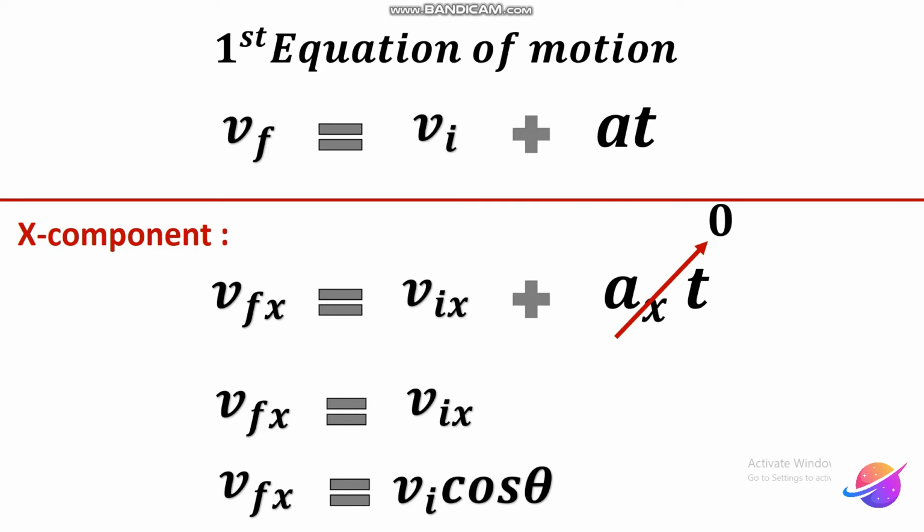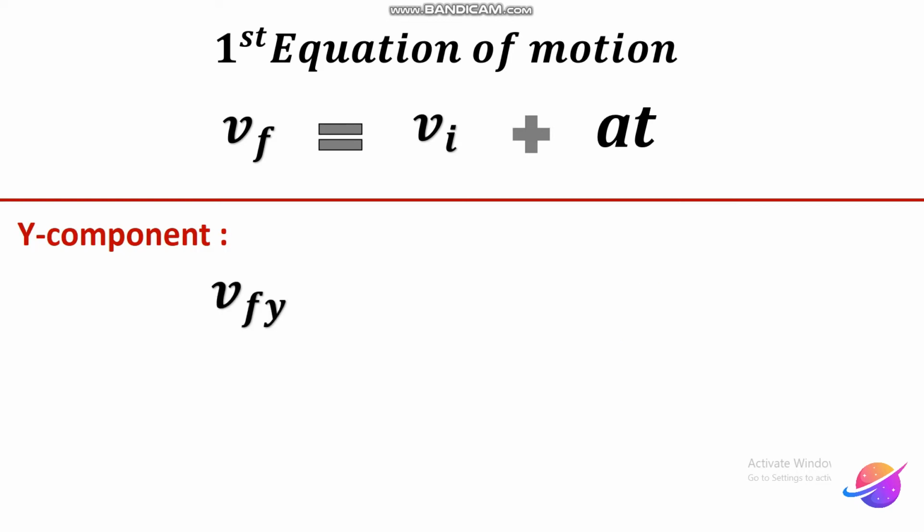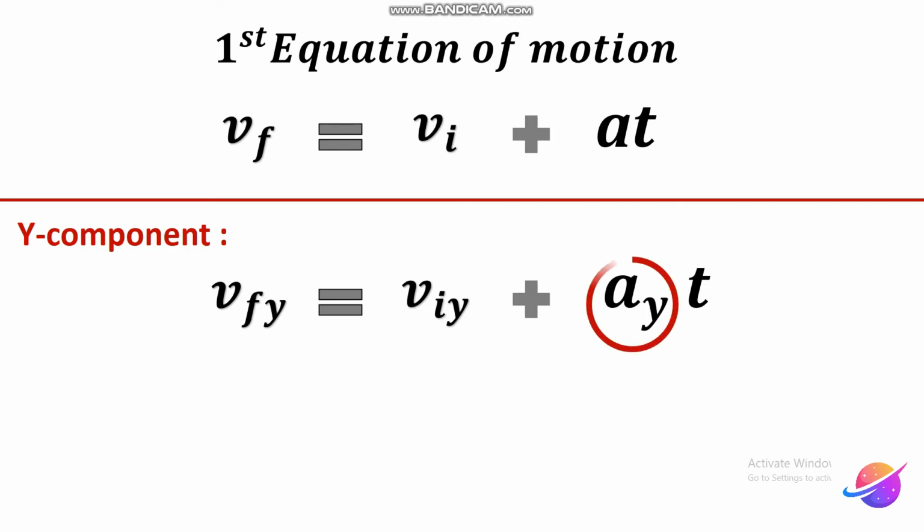And what is Vix? Vix is the component of velocity in the x direction. From the trigonometric ratio, we know that Vfx is equal to Vi cos theta. Now for the y-axis, Vfy is equal to Viy plus Ayt. And what is Viy? Viy is the component of velocity in the y direction.